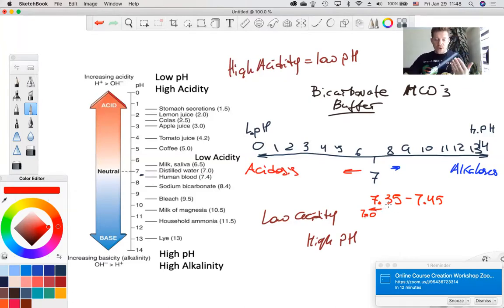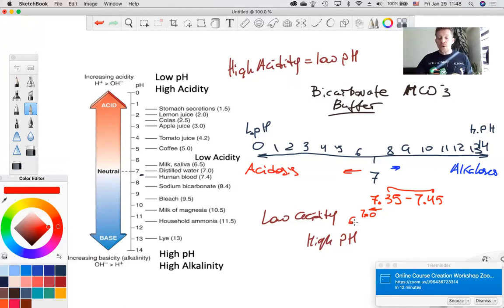So that's where the other confusion is. When you're reading a question during a test, pay attention to the context. If we are talking about blood, the neutral pH range is 7.35 to 7.45. This bicarbonate molecule's job is to make sure that you're not shifting all the way to the right or all the way to the left, because when you drop to 7, it is acidosis.